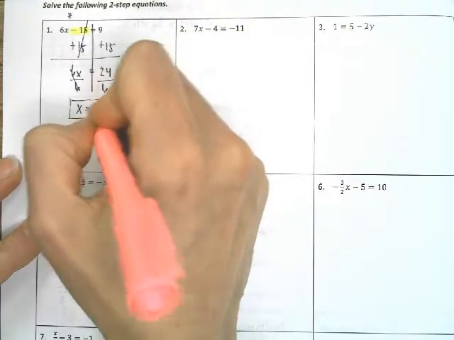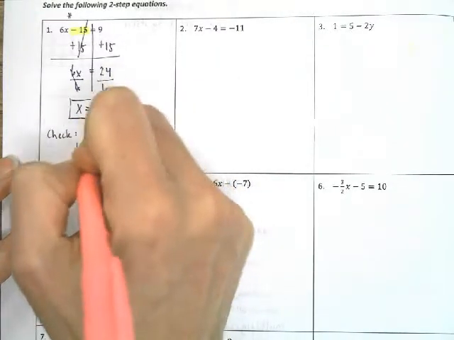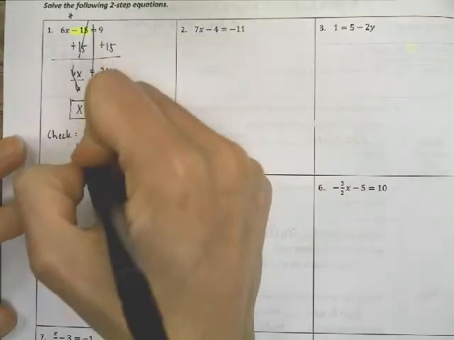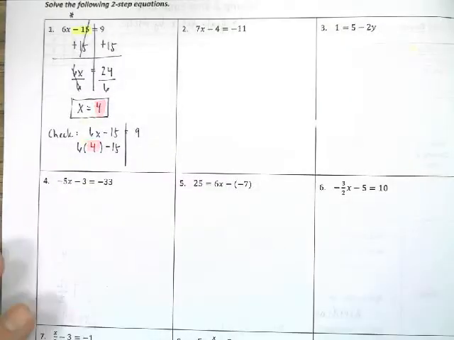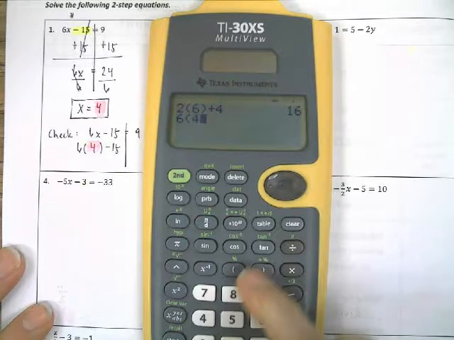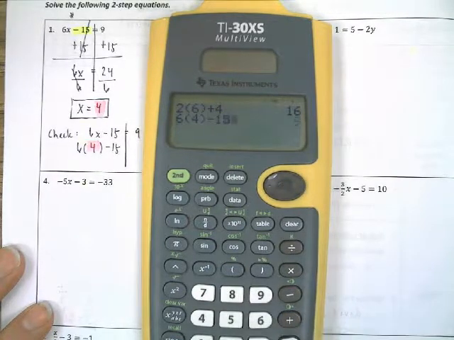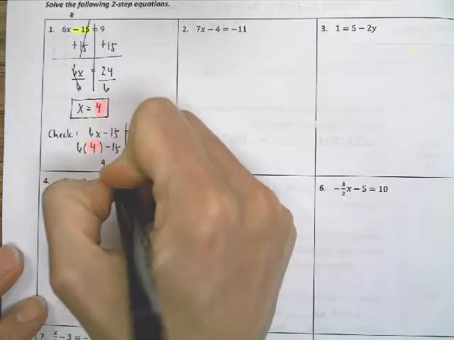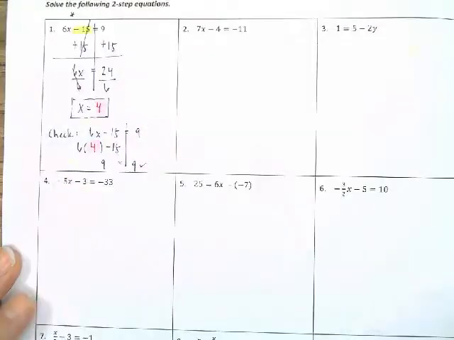Again, the number that I got for my solution, my answer, is what I plug in here for the check. So I'm going to plug in that 4, and I'm going to go to my calculator. So 6 times 4, and then minus 15. That is equal to 9. Again, that's what I wanted, so I know that checks.